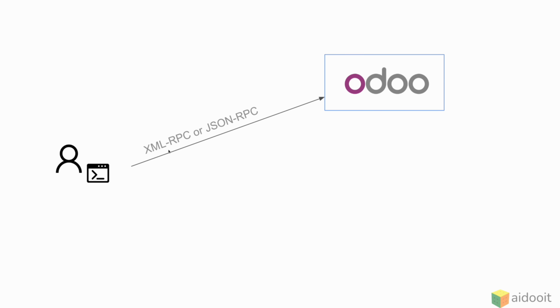We are going to make calls using XML-RPC and JSON-RPC, and we are going to debug to see exactly what is going on in the Odoo side. And this will be very helpful because it will allow us to understand how this API is designed and what happens in Odoo when we use them.